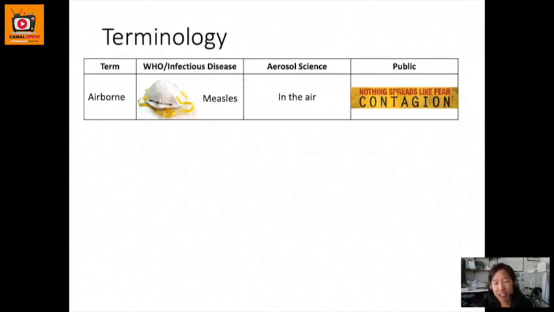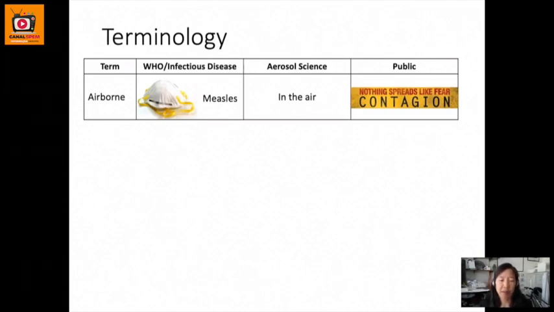But first I'll start with airborne, which according to WHO and infectious disease experts means that a disease is considered airborne. That implies that certain types of precautions are required, including N95 respirators. And this airborne transmission is often associated with a disease that spreads like measles. In the aerosol science community, the word airborne just means something that's in the air.